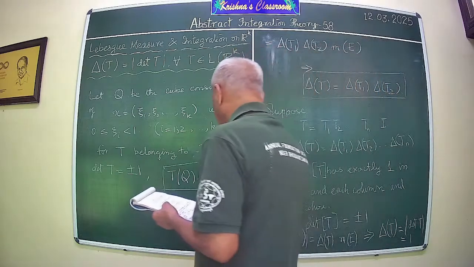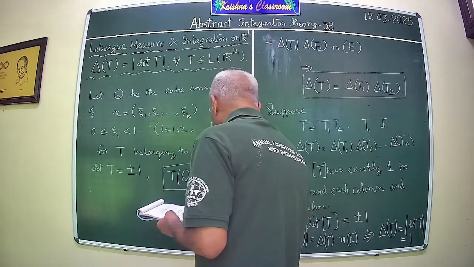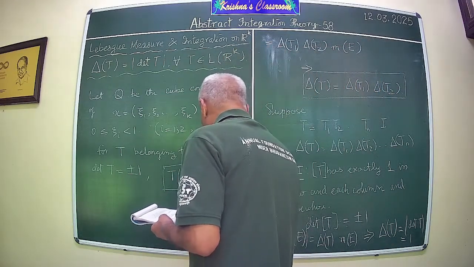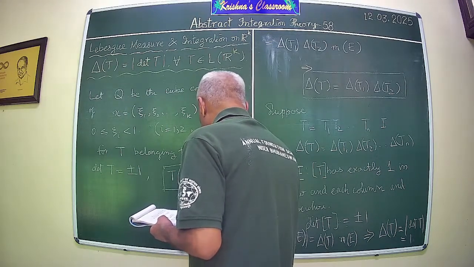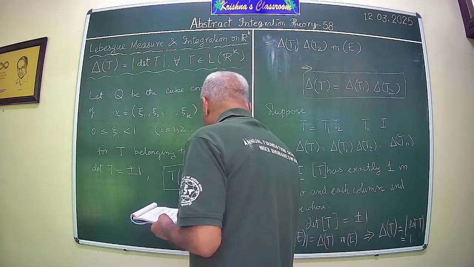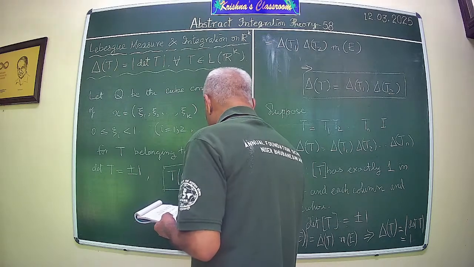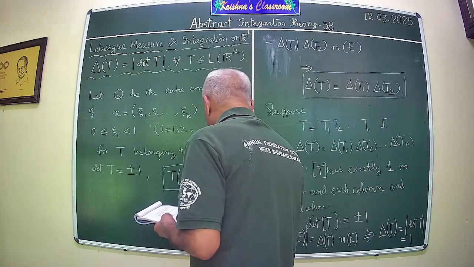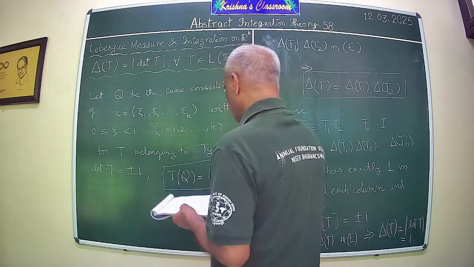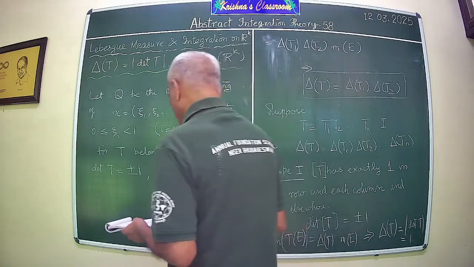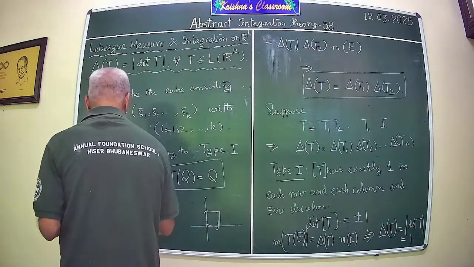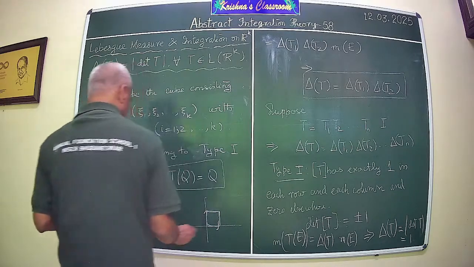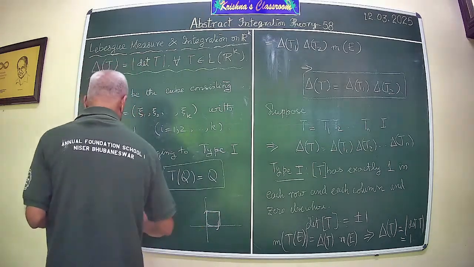Because what you are doing is in R2, if you are taking the unit cube, the unit square. This is the square that we are taking. Now use the transformation of interchange of E1 and E2. That means E1 goes to E2.